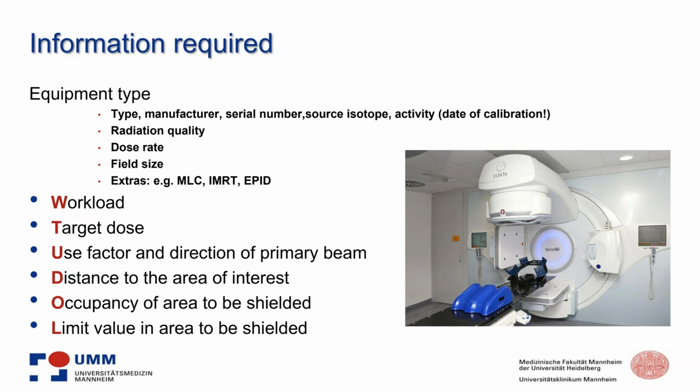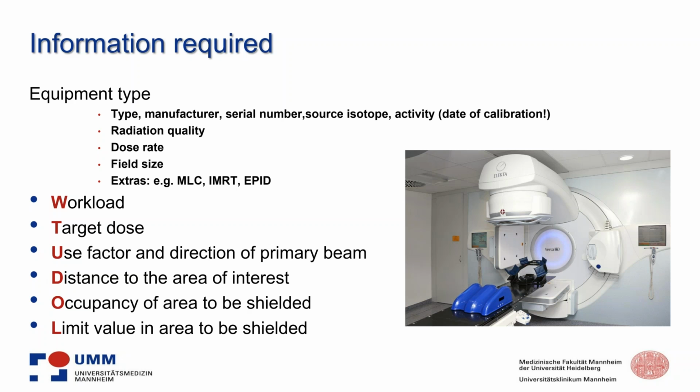If you have an isotope, of course, you need the source isotope, the activity, the date of calibration, the radiation quality, the dose rate, the field size, and whether there is additional functionality, like for example IMRT, which has an impact on the radiation protection.